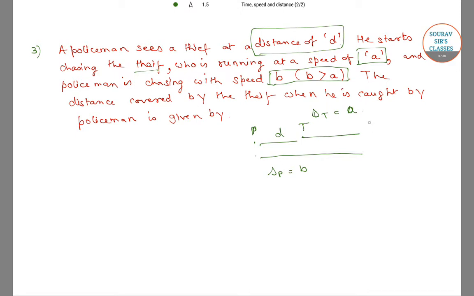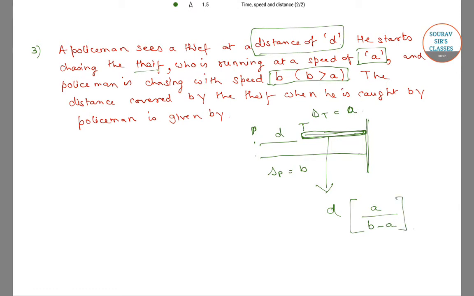Now suppose he caught it at this point, then this distance is the distance which the thief ran before he got caught, and this distance is given by the formula d into a divided by b minus a.